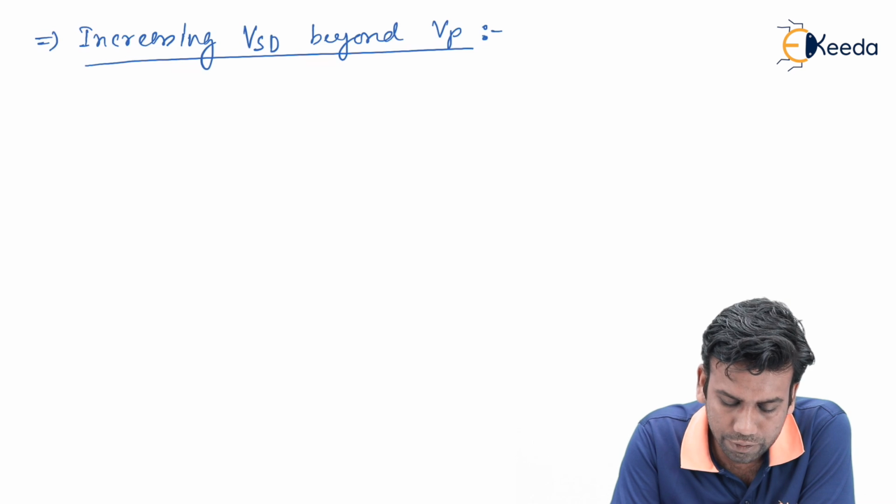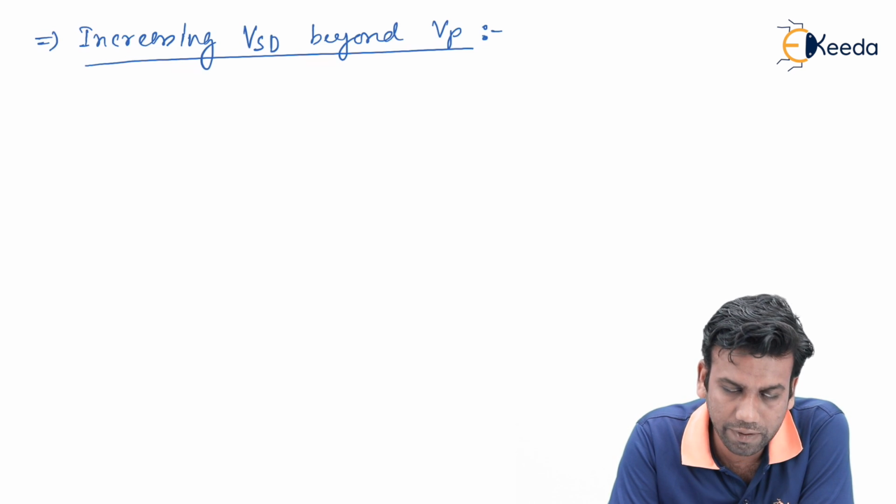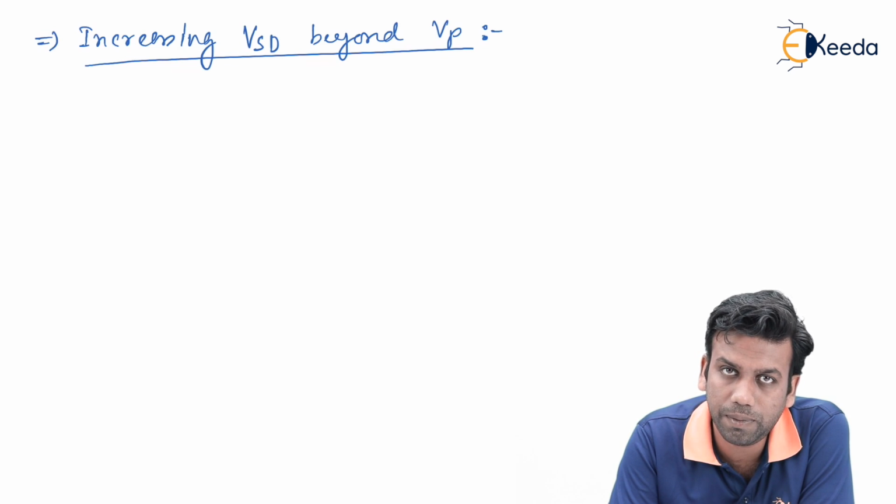Now we want to look into the matter that if the VSD has been increased beyond the Vp voltage, then what will happen physically to the depletion width?